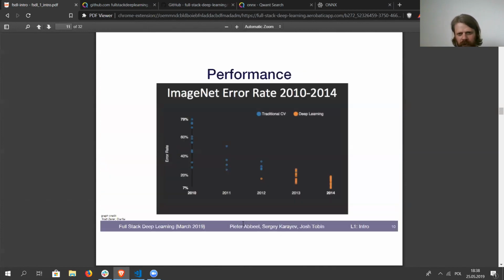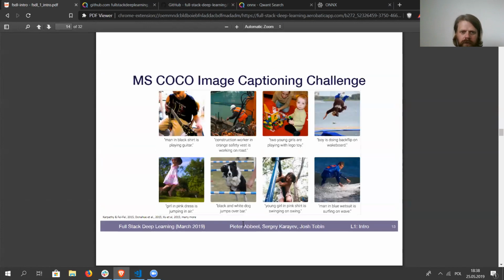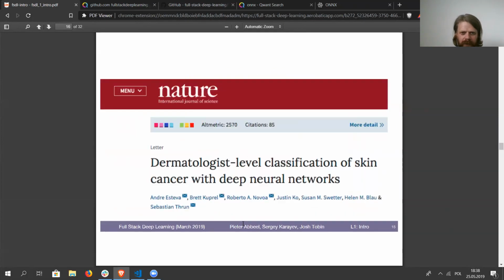What they showed is that the error rate really improved when neural networks were implemented. That was a big change. And then there's also image captioning and a lot of other stuff with deep neural networks.